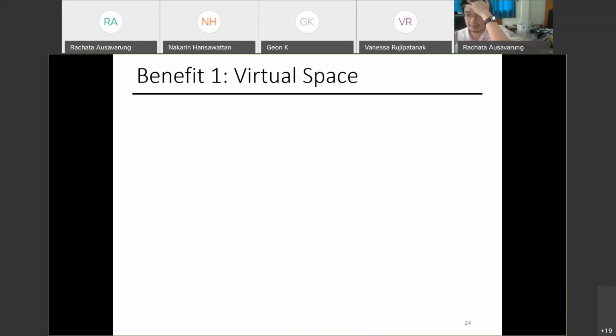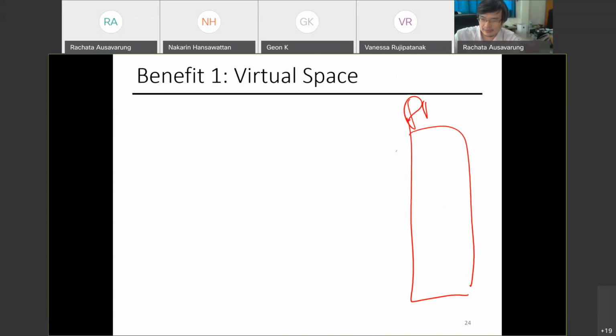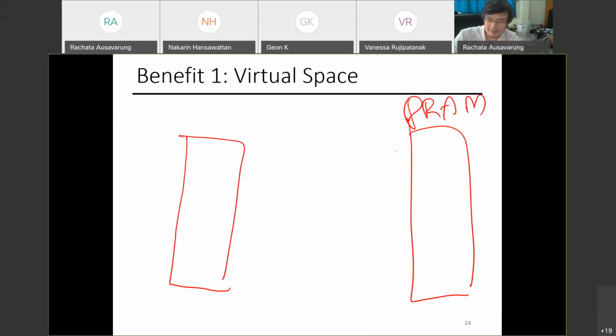And here are the three main benefits, right? The first benefit is, as we saw earlier, you can have DRAM down here, and this is what your program sees.